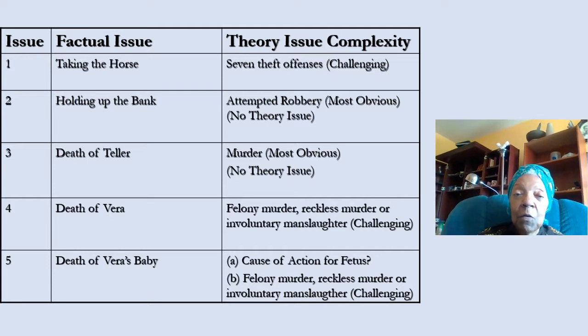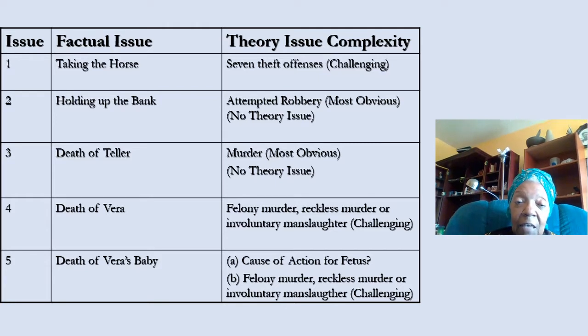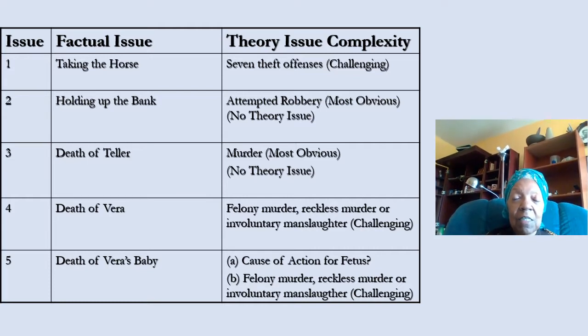But so from these five facts, we have one, two, three, four theory issues that have to be discussed. We have to discuss 7 theft offenses and why we picked them.